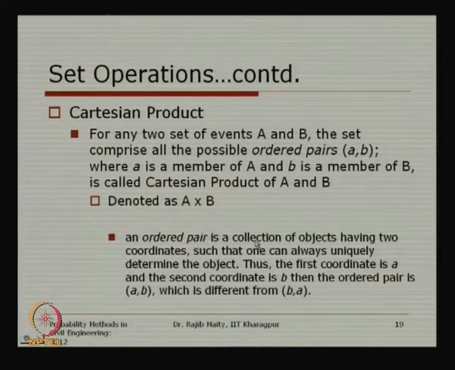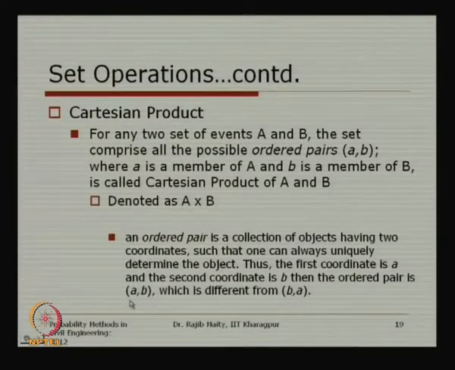An ordered pair is a collection of objects having two coordinates such that one can always uniquely determine the object. Thus, if the first coordinate is a and the second coordinate is b, then the ordered pair is (a, b).